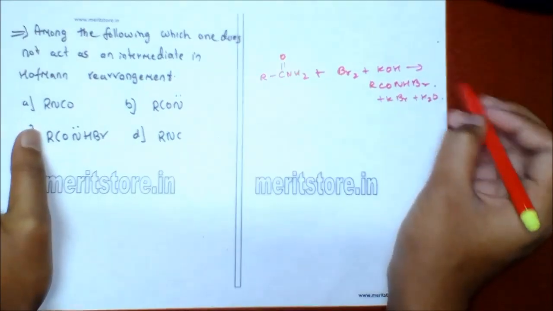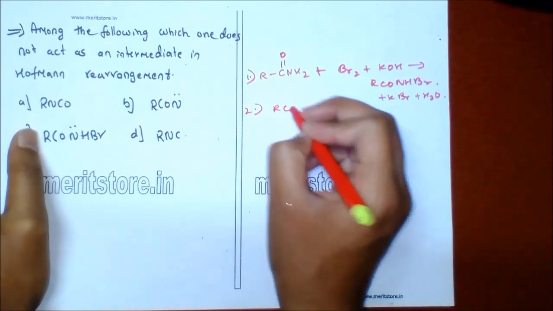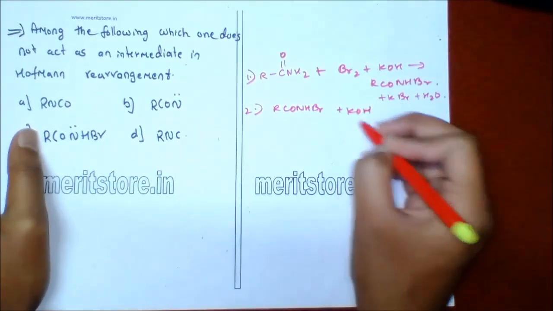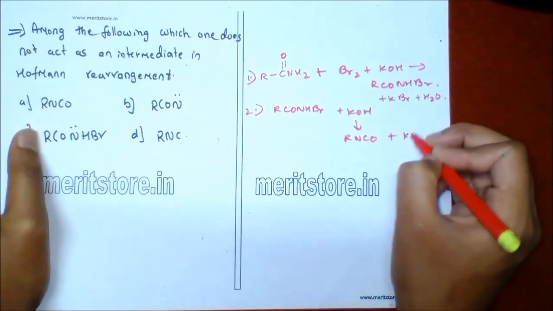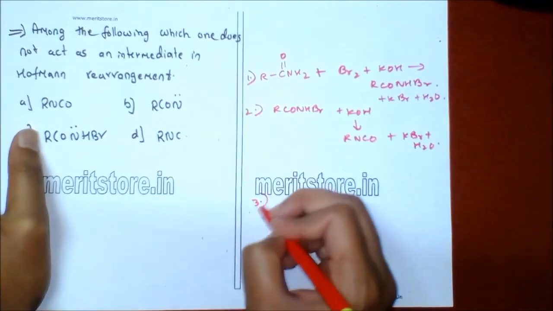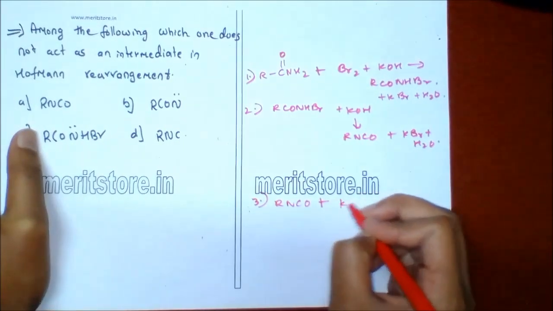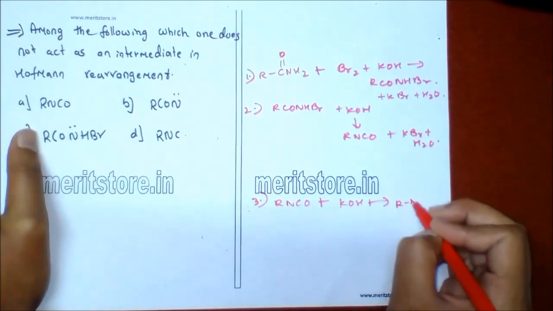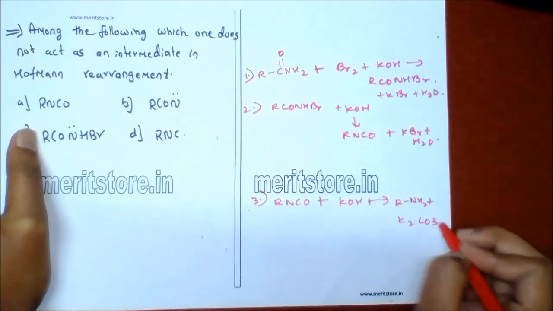This is the first step of the reaction. The second step is RCONHBr plus KOH will give RNCO plus KBr plus water. And the third step of the reaction is RNCO plus KOH will give primary amine plus K2CO3. So these are the steps.